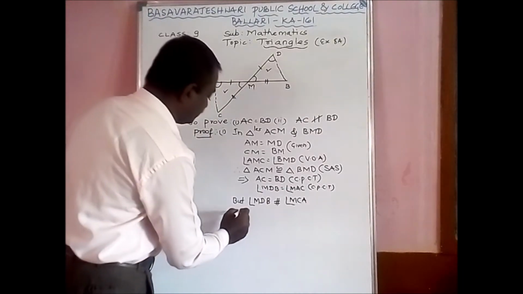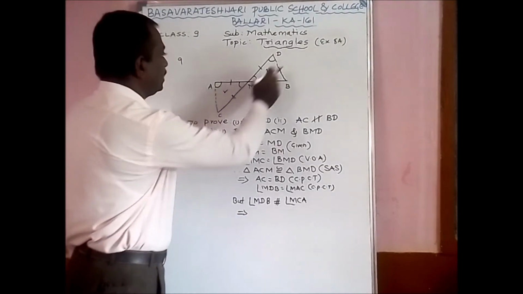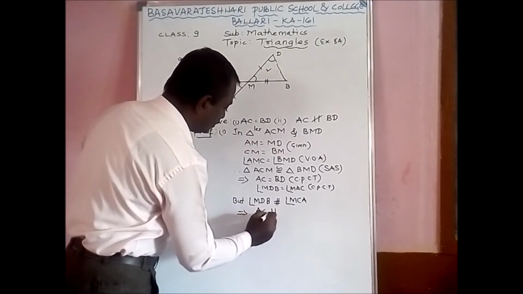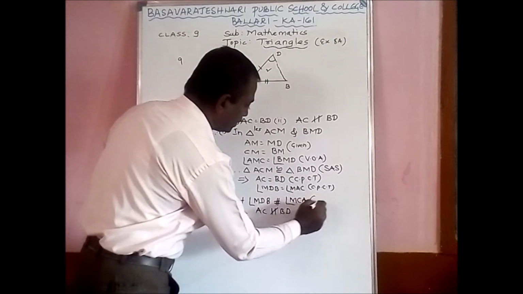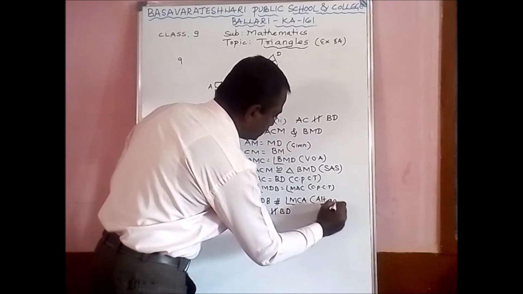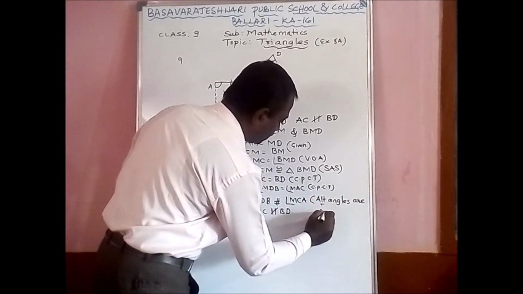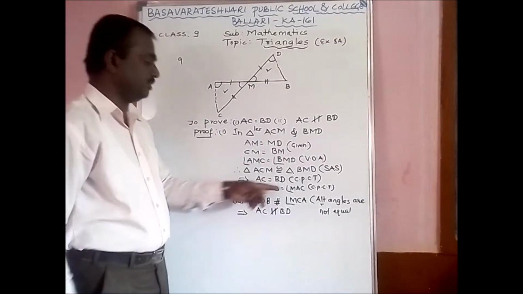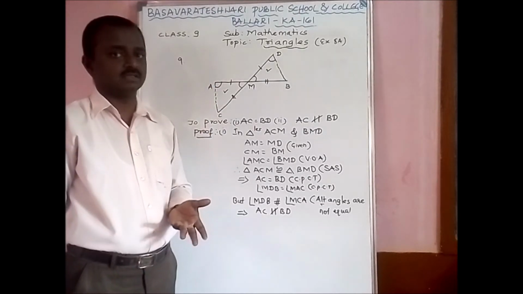So this implies AC is not parallel to BD. Alternate angles are not equal here. Some other angles are equal. Angle MDB is equal to angle MAC, but they are not alternate angles.